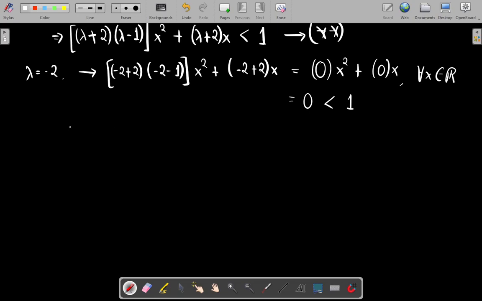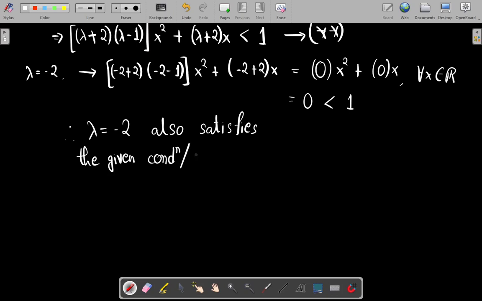Therefore lambda equal to -2 also satisfies the given condition or inequality.